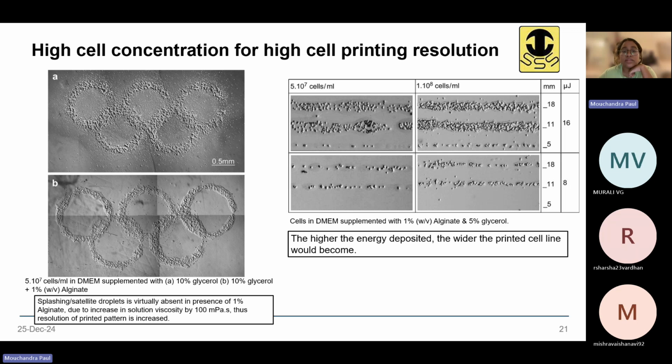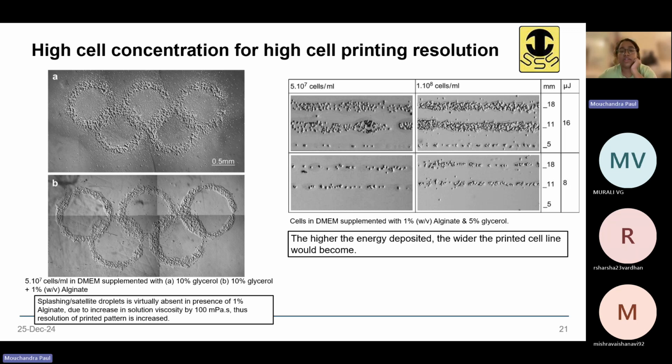And if you compare the effect of cell number in these two extreme conditions, you see when the cell number is much higher, the droplets are much closer together. They are merging much more. Okay. And also they are much more closely spaced as well.